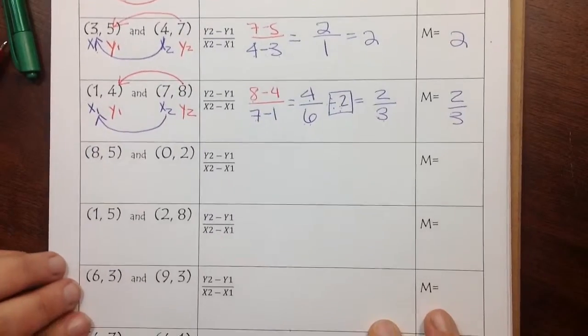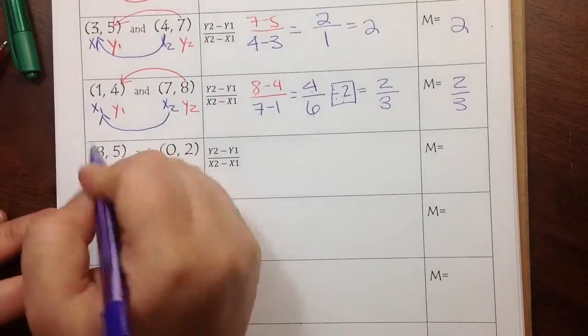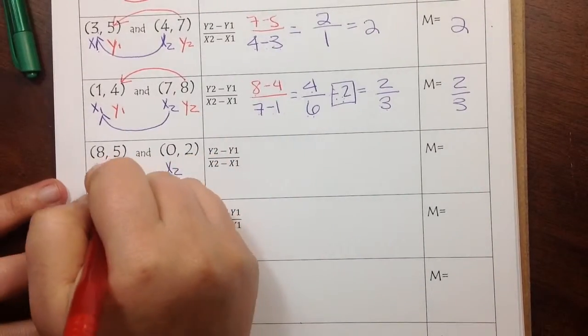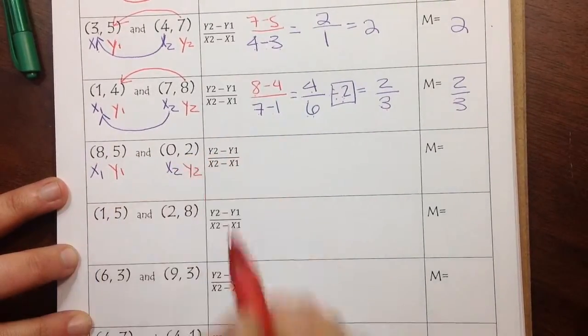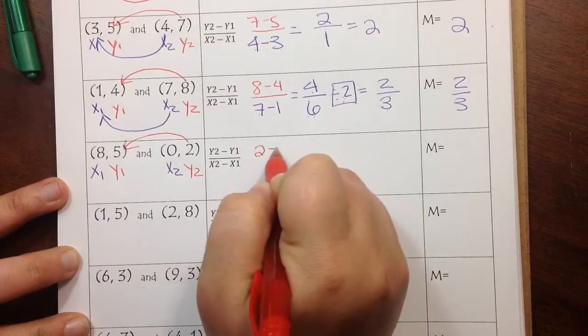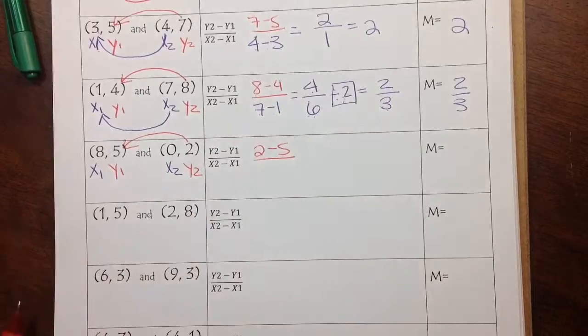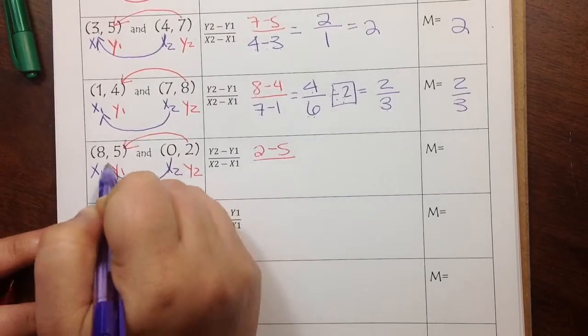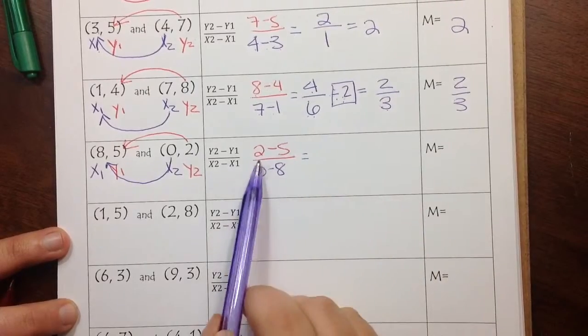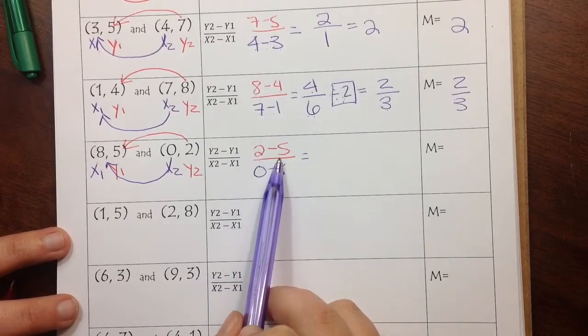Okay, let's do another one. Same thing again. We're going to label x1, x2, y1, y2. y2 will always subtract y1, so I'll have 2 minus 5 over 0 minus 8. Okay. If I hold up 2 fingers, I can't take away 5.